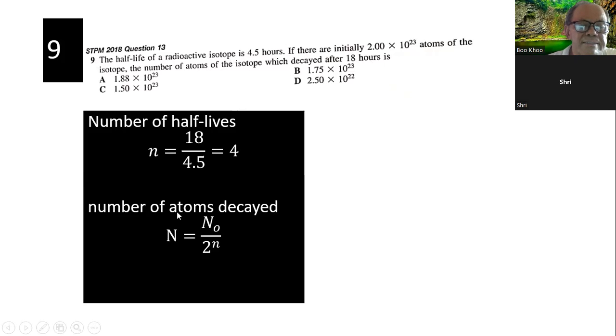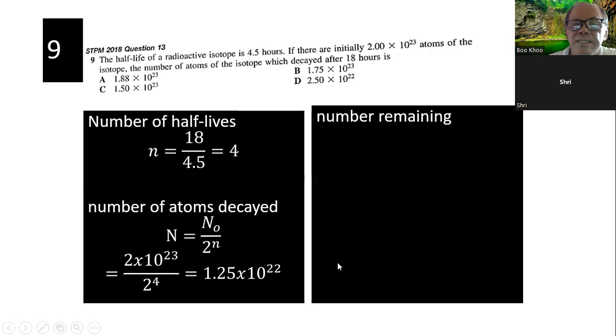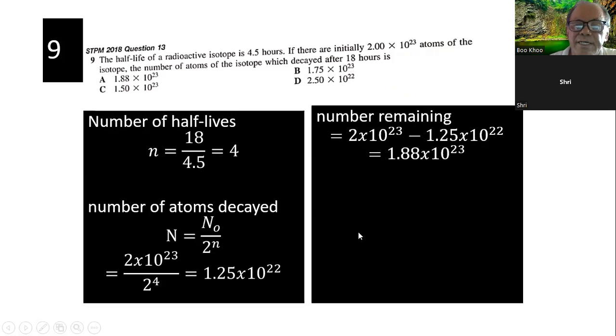Number of atoms decay, N naught over 2 to the power n. N naught is given. n is 4. Then get your answer. Number remaining, you just subtract. That's the initial number. Number decay, subtract there. Number remaining, A. Okay.